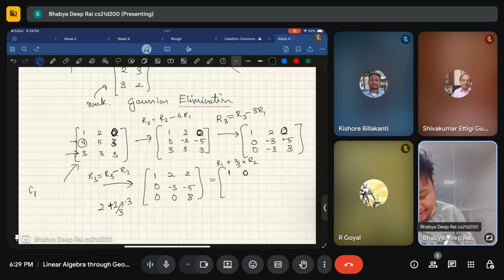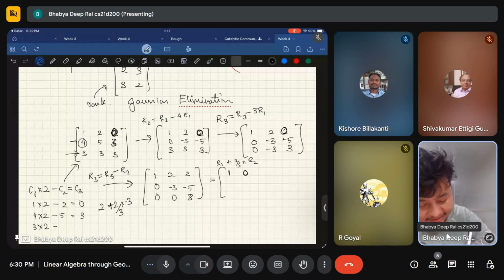So 2 times column 1 is 2. 1 times 2 minus column 2, that's 2, is 0. And 4 times 2, which is 8, minus 5 is 3. And 3 times 2 minus 3 is equal to 3. So this is clearly linearly dependent. These 3 columns actually depend on each other.